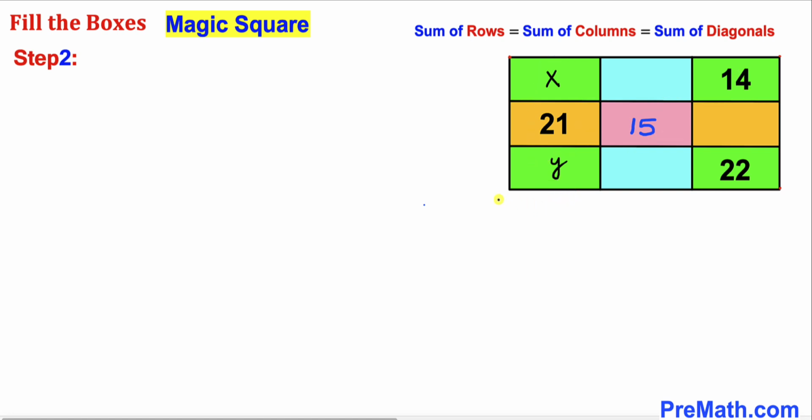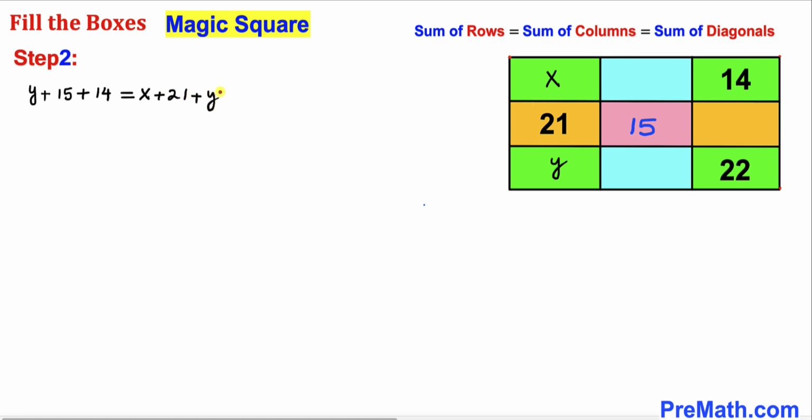So Y plus 15 plus 14 must be equal to X plus 21 plus Y.